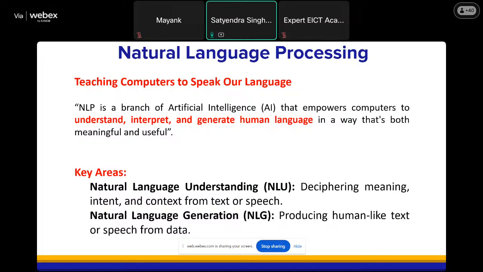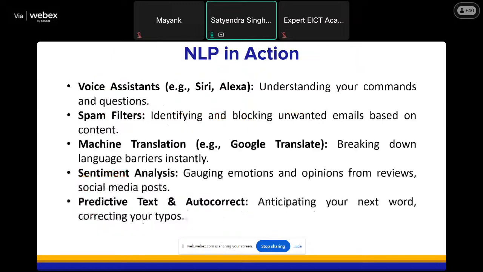So till now you have studied natural language processing, where instead of you learning the computer language, NLP is the opposite: you teach computers to speak our language. There are mainly two key areas: natural language understanding and natural language generation, which you have already covered in the previous session.